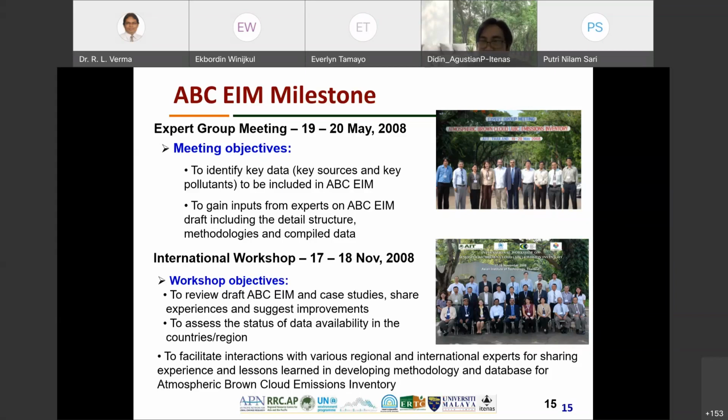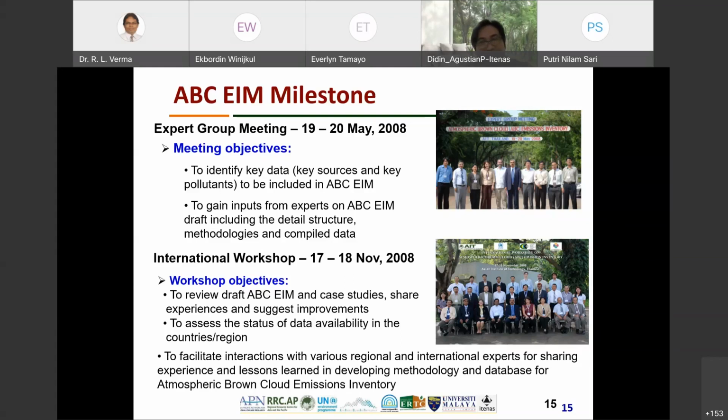The invited experts also provided inputs to the manuals, including the detailed structure, methodologies, and the compiled activity data. The activity then continued in November 2008 with an international workshop.